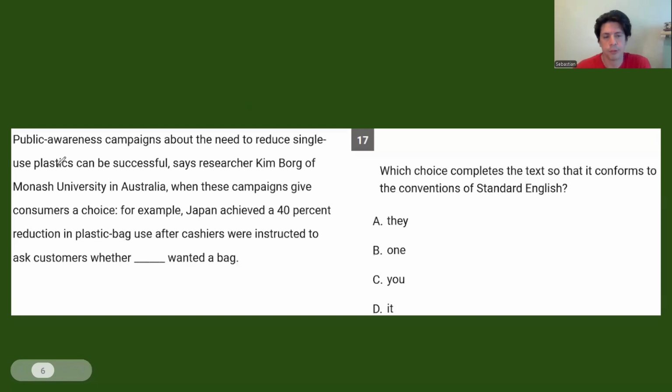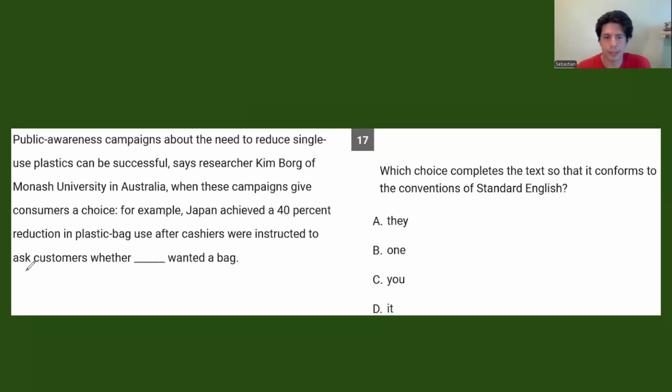So public awareness campaigns about the need to reduce single-use plastics can be successful, says researcher Kim Borg of Monash University in Australia, when these campaigns give consumers a choice. For example, Japan achieved a 40% reduction in plastic bag use after cashiers were instructed to ask customers whether blank wanted a bag. So, or whether who wanted a bag? So they, one, you, it. Okay, it's very similar to the last one.